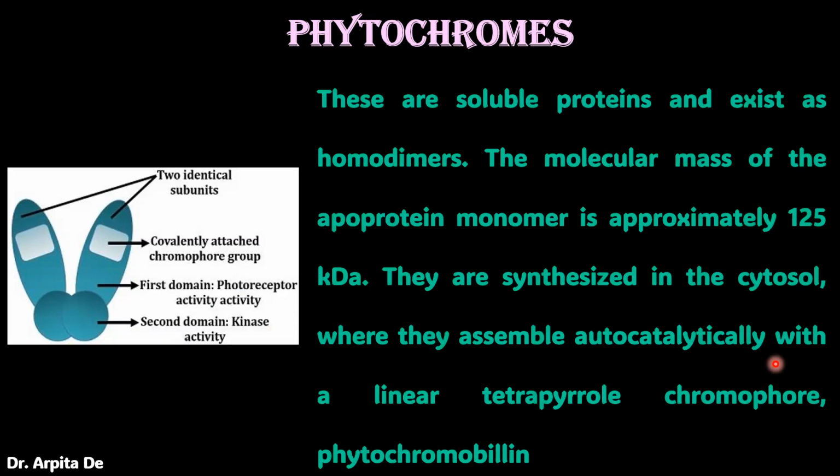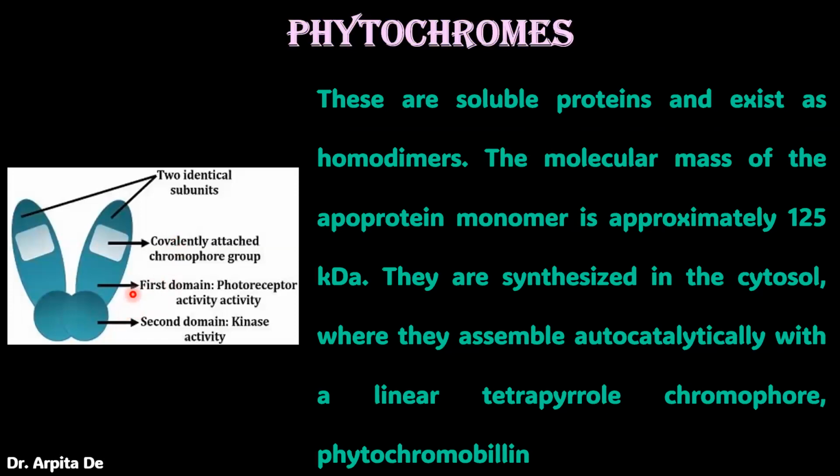These phytochromes are soluble proteins that exist as homodimers. If you take a look at this diagram, you will be able to tally it with the write-up. It has two identical subunits. Homo means same. Two identical subunits, or homodimers, which has a covalently attached chromophore group.